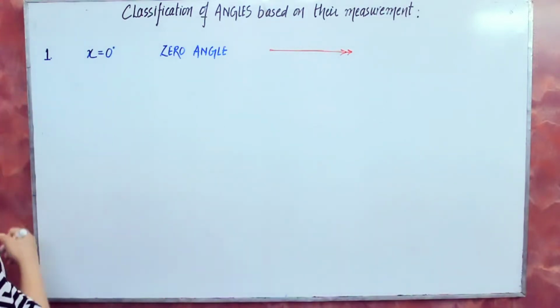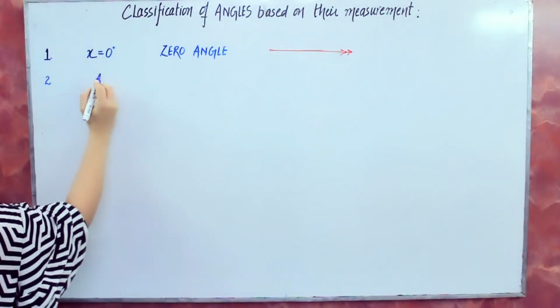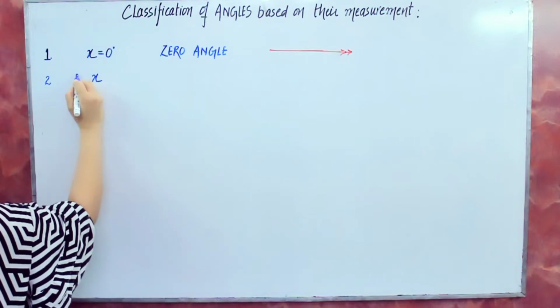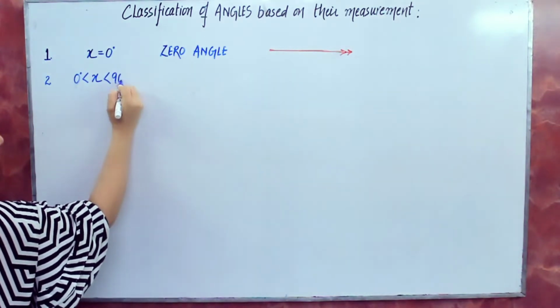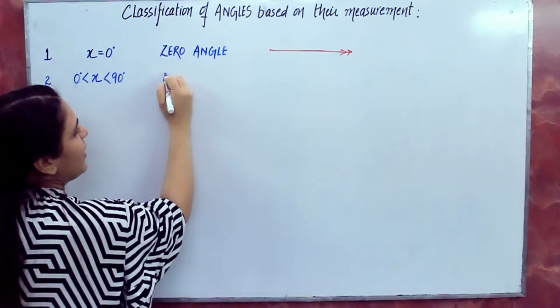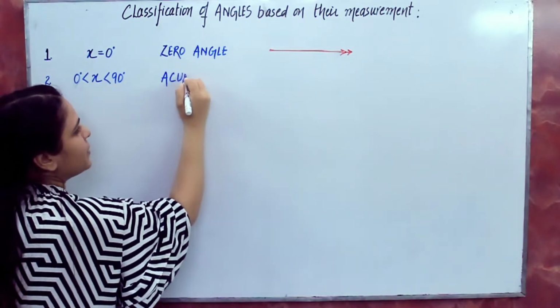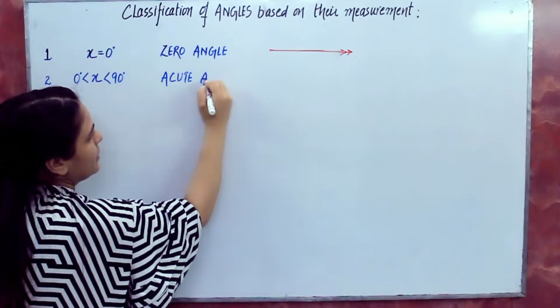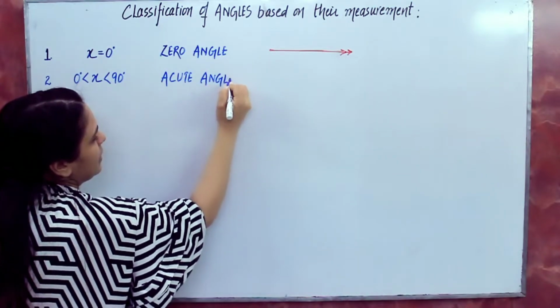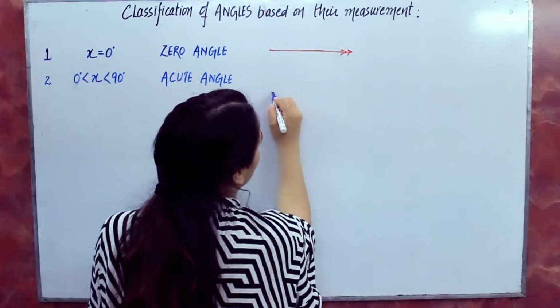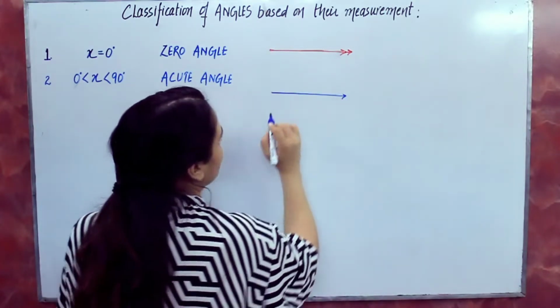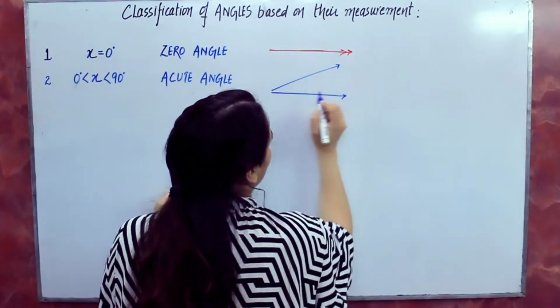Now the second one is when angle is greater than 0 degree but less than 90 degree. You all know these type of angles are known as acute angle. And this is how we can represent acute angle. One ray here and this one.